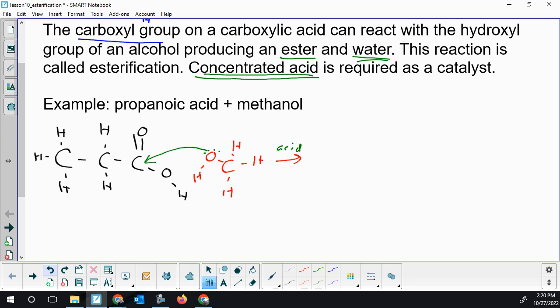It's the alcohol O to the C on our acid. So I'm going to draw that connection. That's going to make our ester. So there's those 3 black carbons. I'm going to fill in all the H's that don't move.